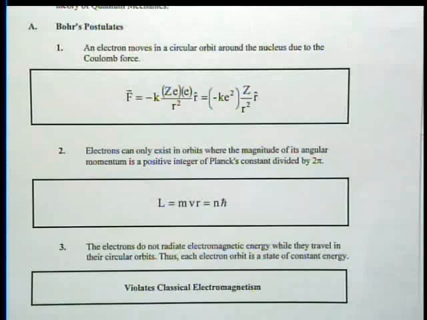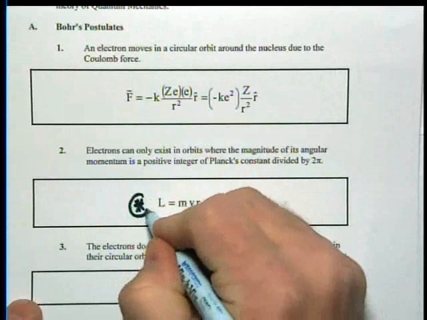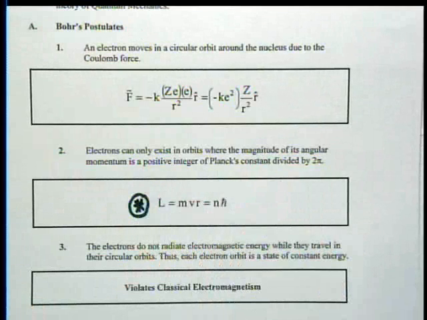It's this assumption, and I'll try to explain to you where this comes from. He decides that he is going to quantize the angular momentum of the orbits. First, why work with angular momentum? It's a central force. It has no torque. If you have no torque in a problem in Physics 1, you have conservation of angular momentum.